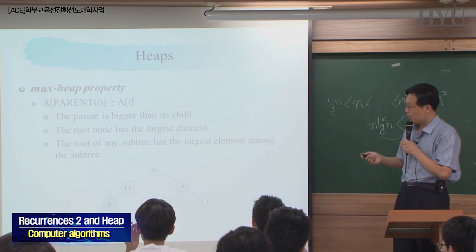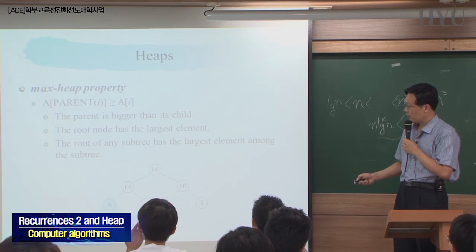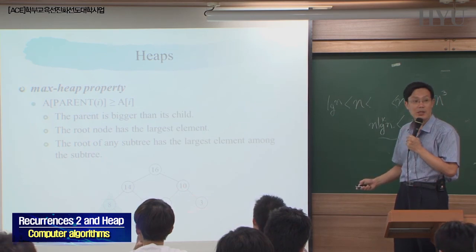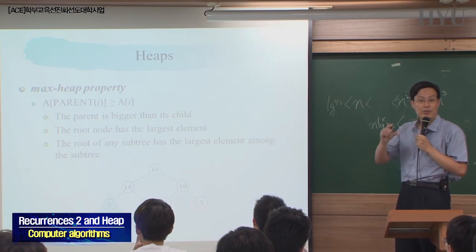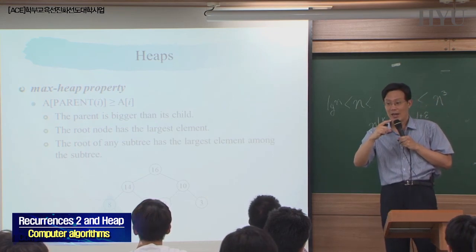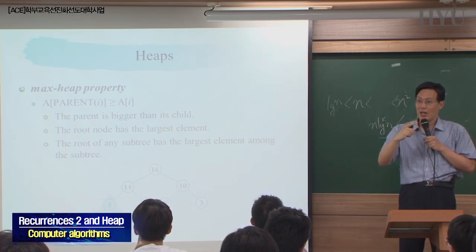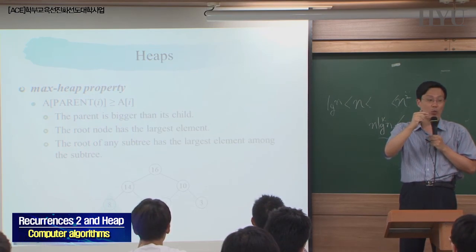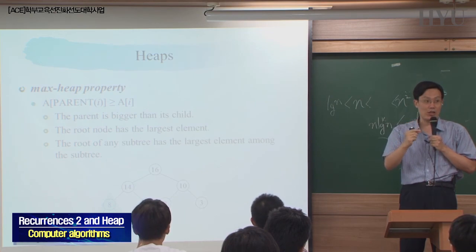Look at this example. 10 is bigger than 9 and it is bigger than 3. So if 2 keys have the parent-child relationship, the key in the parent is bigger than or equal to the key in the child.